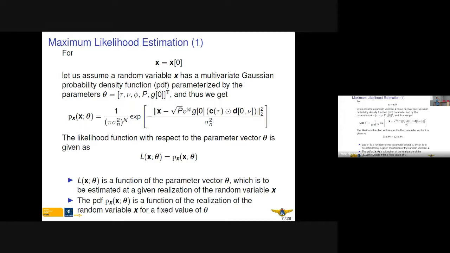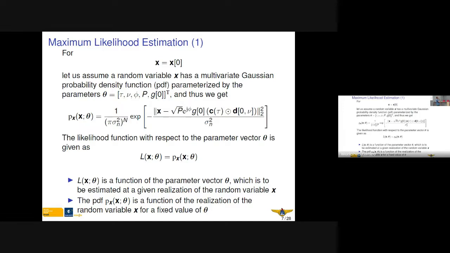And thus we can get this PDF that we have here now. We talked about the likelihood and the PDF, but I can repeat that here. The likelihood function with respect to the parameter vector theta is given as L of x parameterized by theta, and this is equivalent to the probability density function of x, where x is a realization of the random variable X parameterized by theta.